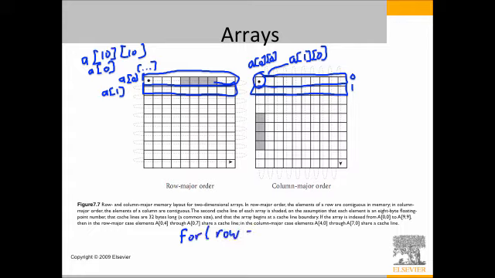I should say something like row equals 0, row less than 10, row plus plus, and then my interior loop, or an internal loop, should be column equals 0, column less than 10, column plus plus.